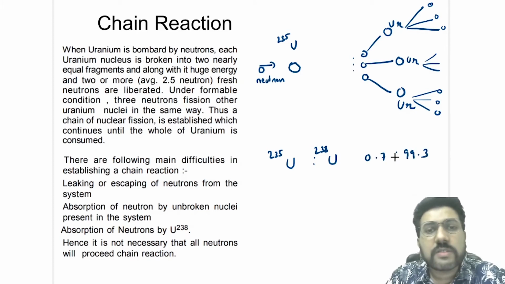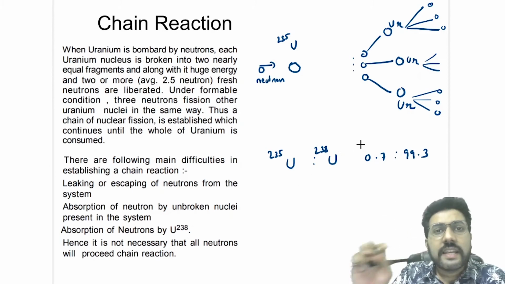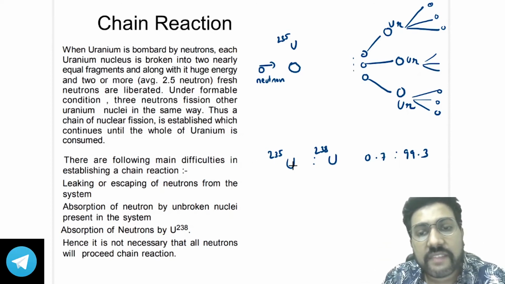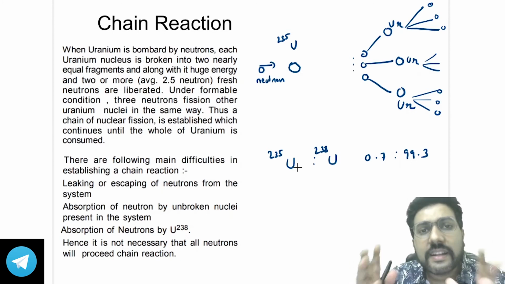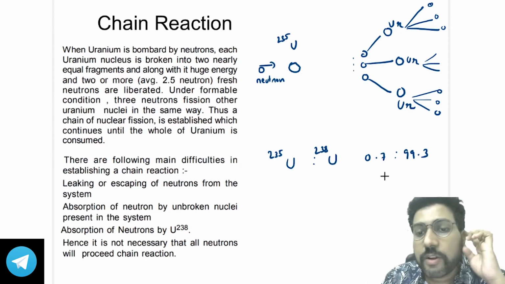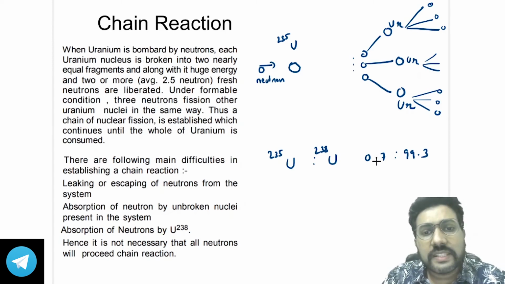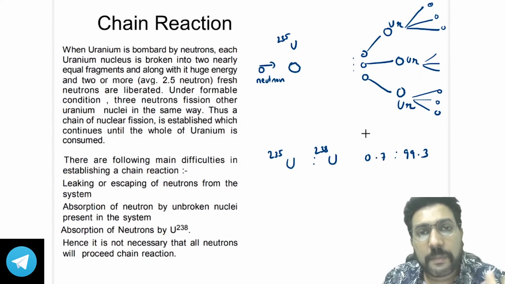This is the approximate ratio that I'm writing. That means in any uranium sample that we have, the fraction which is uranium-235 is very small. So out of 100 gram of the sample, only 0.7 gram is utilizable. This is the naturally occurring uranium sample I'm talking about.